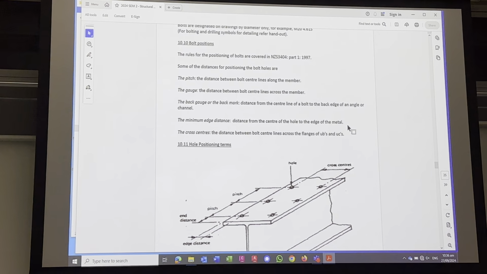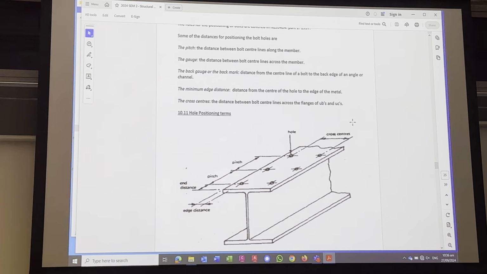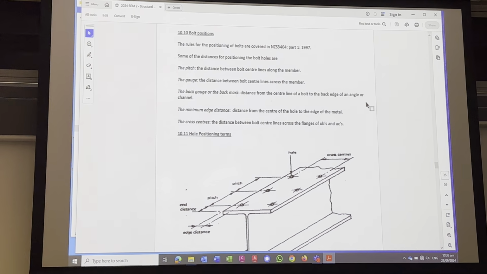Then we get into what's basically bolt design, or bolt and plate design. The things that you need to remember, and I have put this in my test, so there's a page to mark for the test. Remember, you'll be having an open book test, so you can flick to this page. The pitch is the distance between the bolts lengthwise.